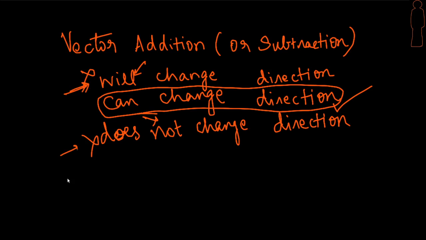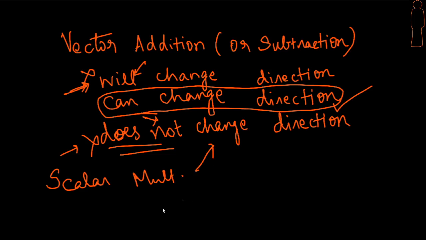Maybe you could look at how does this case arise. So let us summarize what we have learned in this session. We find that scalar multiplication does not change the direction of the vector, whereas vector addition can change the direction of the resultant vector.